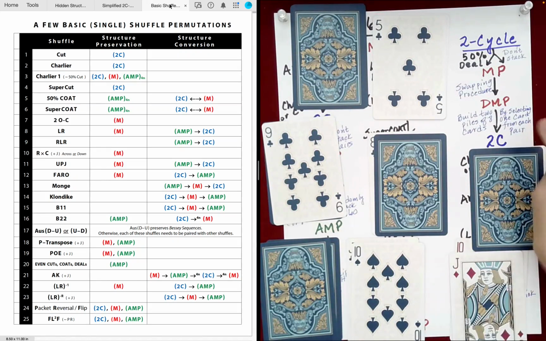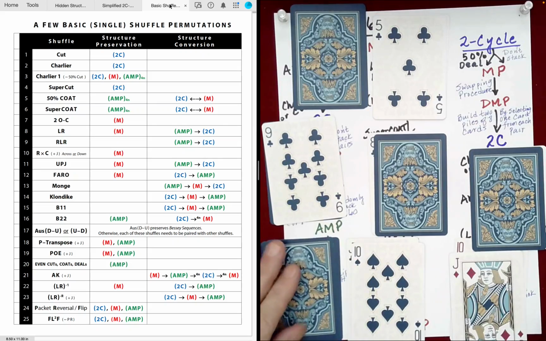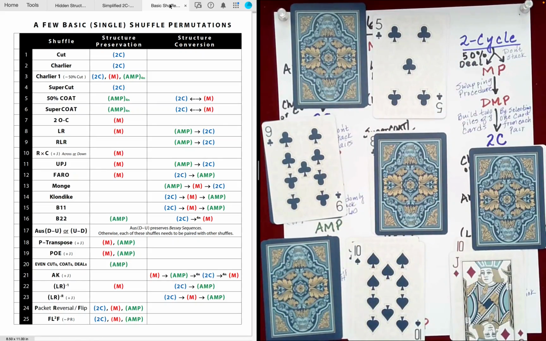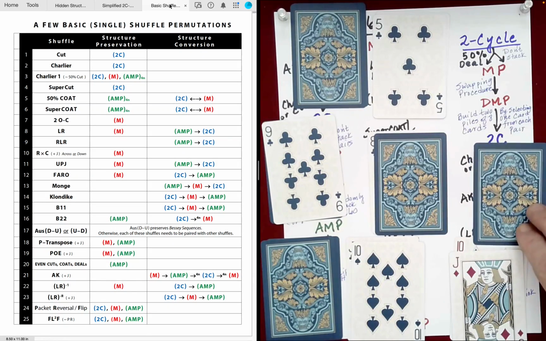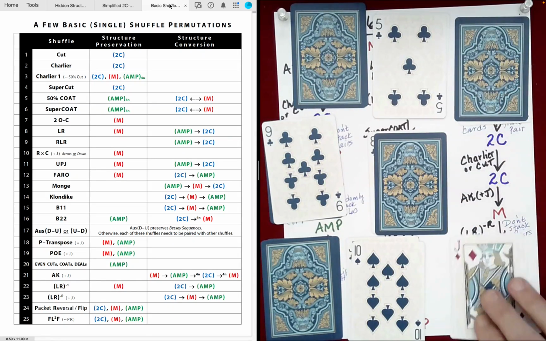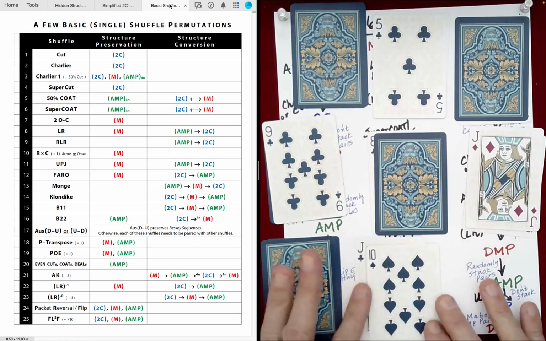This is a DMP, meaning these are the actual pairs that we made note of at the beginning. What we're going to do is build 2 piles of 8 cards by selecting 1 card from each pair. For example, let me move this up here and this up here and maybe this one over here.